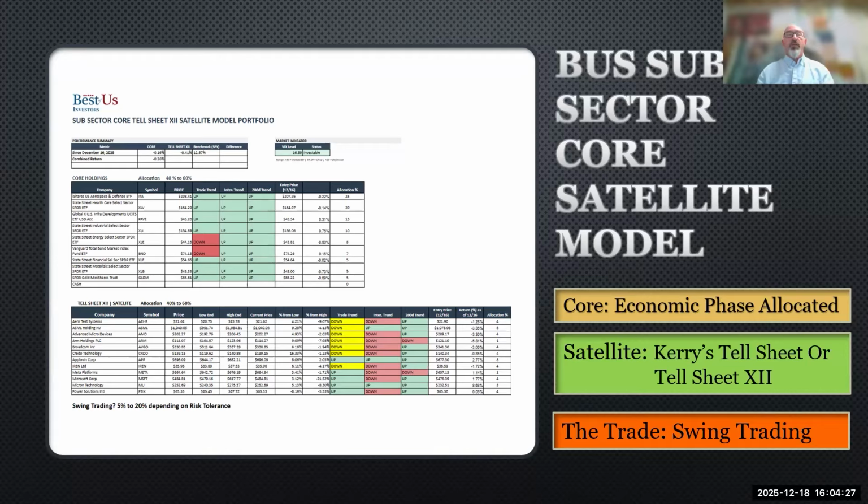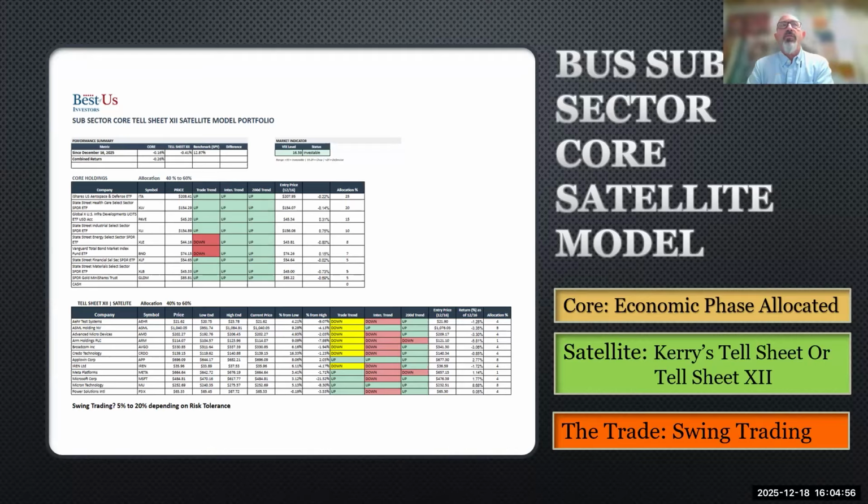Now you couple that with the satellite approach, which is, I'm using the tell sheet 12 in this case, or you could use Kerry's ideas as well. I don't suggest any more than 12 positions in that alpha generating portion. And the reason is it's a lot to keep up with. And I think with big portfolios, unless you're spending most of your day looking at these things, it's hard to keep up with them.